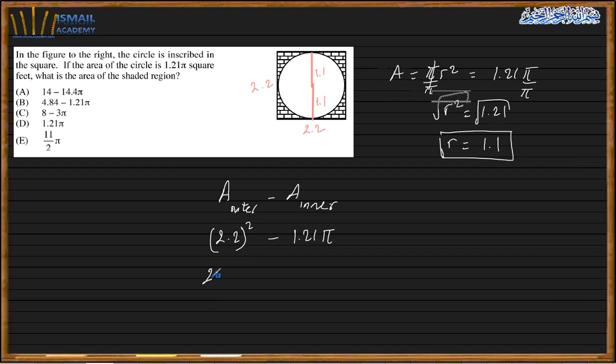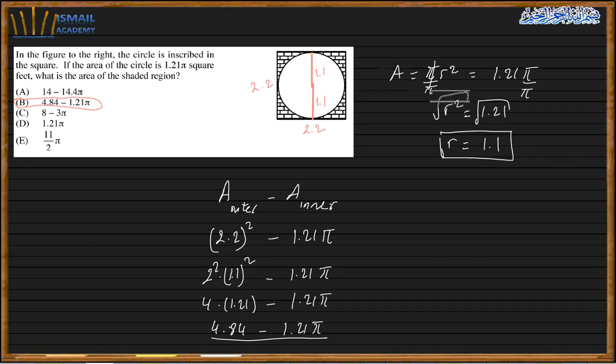So this is 2 squared times 1.1 squared minus 1.21 pi, which is 4 times 1.21, and this is just 4.84 minus 1.21 pi, which is B. Here I have 2.2 squared, which is 2 times 1.1 squared.